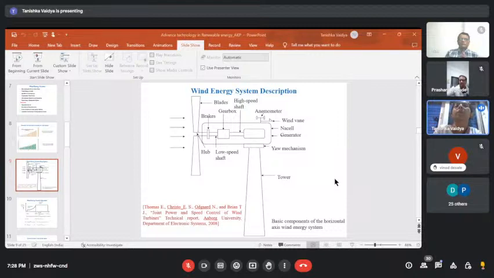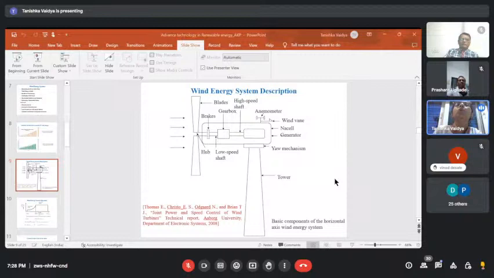At the other side of the nacelle there is an anemometer to measure the wind, and a wind vane to show the wind direction. Inside the nacelle there are brakes, a gearbox to increase the speed of the rotor, and then the generator, which generates the electricity and gives it to the grid.